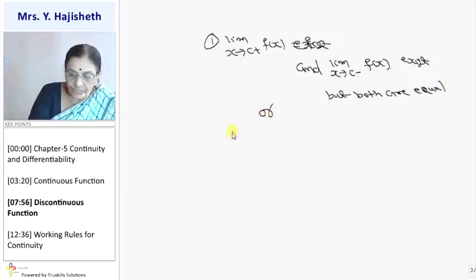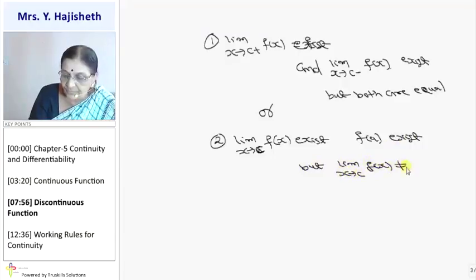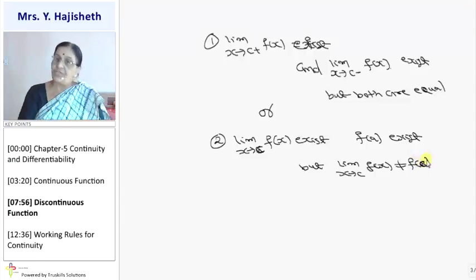Or suppose the second situation: limit x tends to c of f(x) exists, f(c) exists, but both are not equal. Then also I can say that the function is not continuous at c.